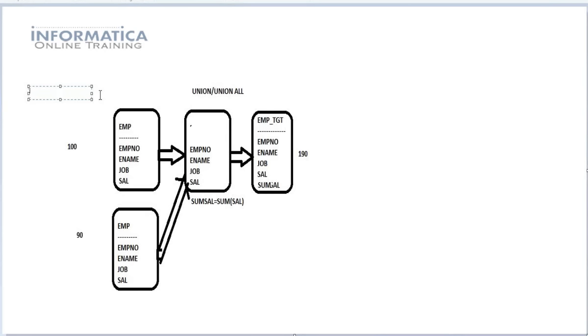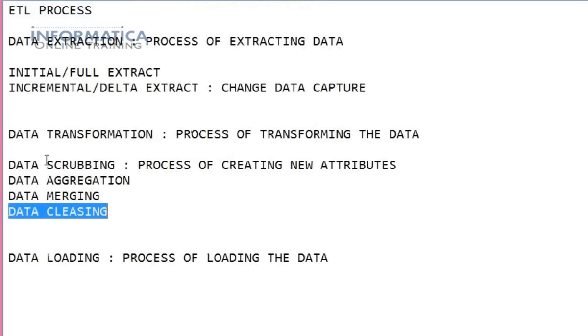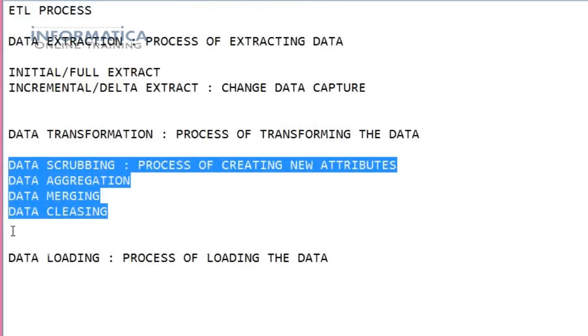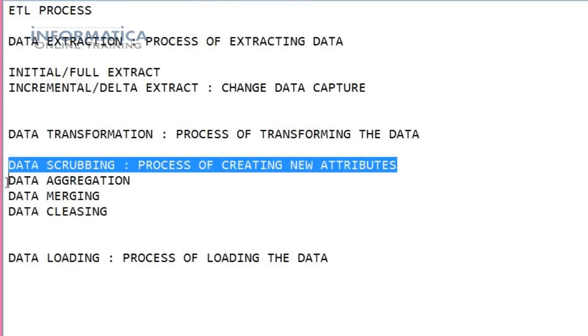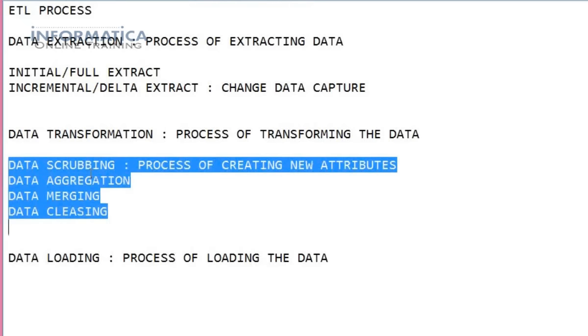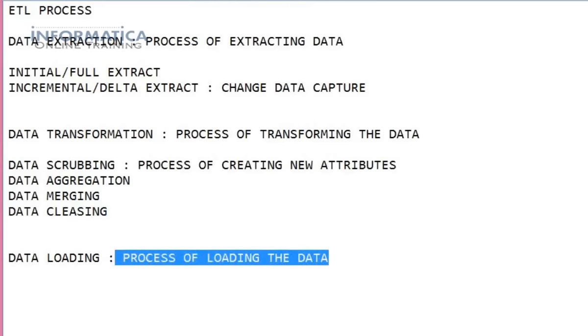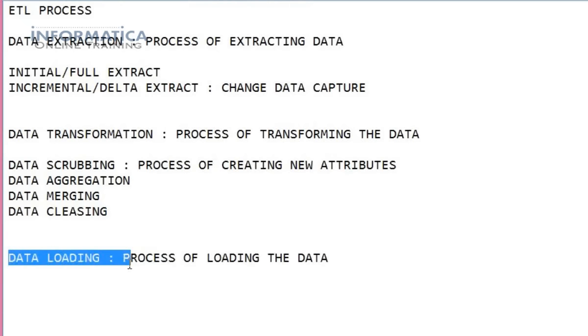This process is called a data cleansing operation. It is not required that every ETL process does all these things. Depending upon the situation or requirement, we may use any of these operations to perform the ETL process. Once you have done the transformation, you load the data into the target, which is called data loading.